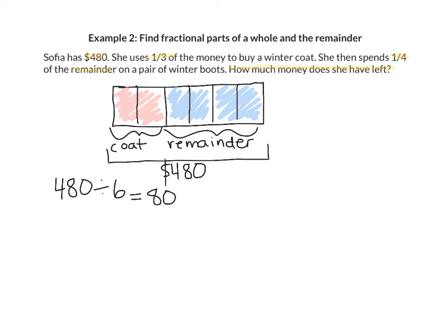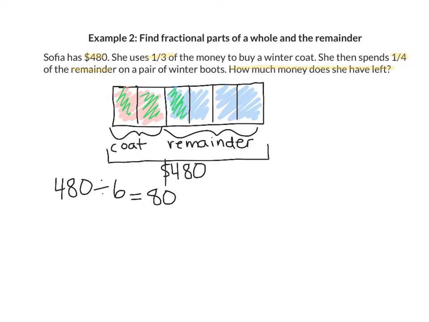We know that she spent 2 units on her coat because 2 units is equal to 1/3 of 6, and then she spent 1/4 of the remainder on a pair of winter boots, and so if one of the 4 units from our remainder was spent on the boots, we can shade that in to represent what was spent.